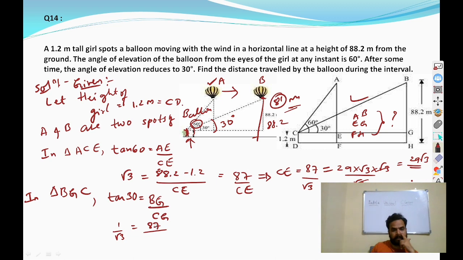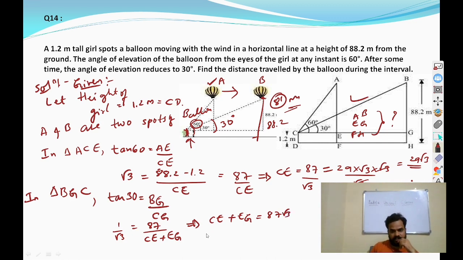CG can be written as CE plus EG. Right? So this implies, cross multiply, CE plus EG is equal to 87 root 3.